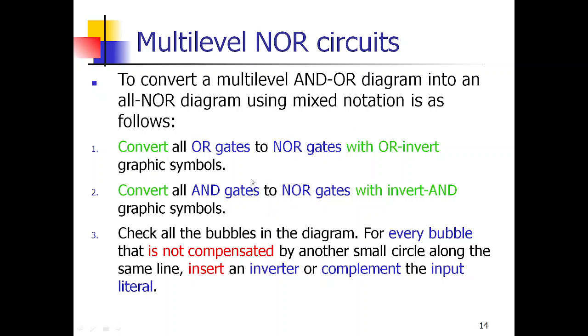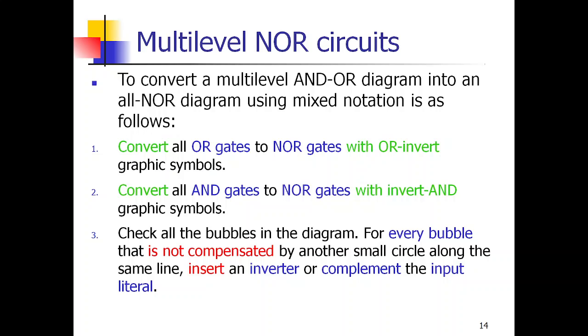These are the steps we have to follow to convert a multi-level AND OR diagram into an all NOR diagram, which is said to be a multi-level NOR circuit. To convert a multi-level AND OR diagram into an all NOR diagram, some mixed notations are used, that is, combinations of AND gate, OR gate and NOT gate.